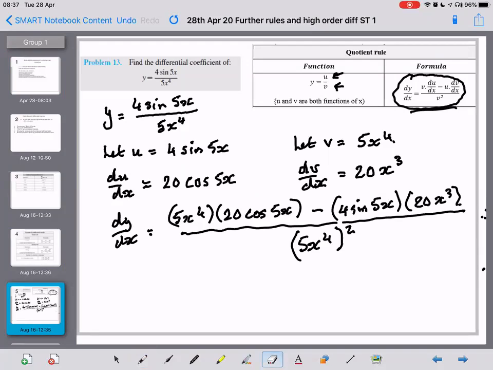Right. We can bring together 5x to the 4 and 20x to the 3.